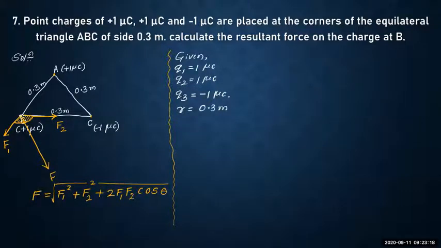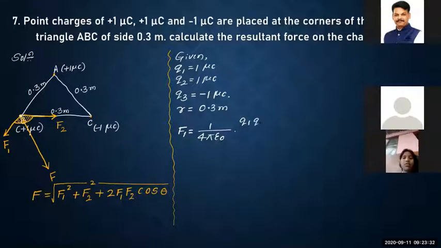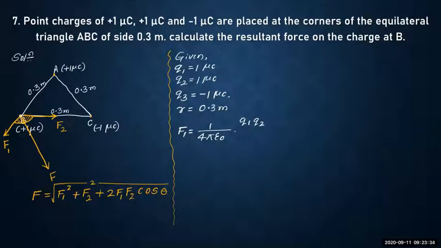So these are the given things. First, let us find F1. F1 is equal to 1 divided by 4 pi epsilon naught into Q1 Q2 divided by R square.